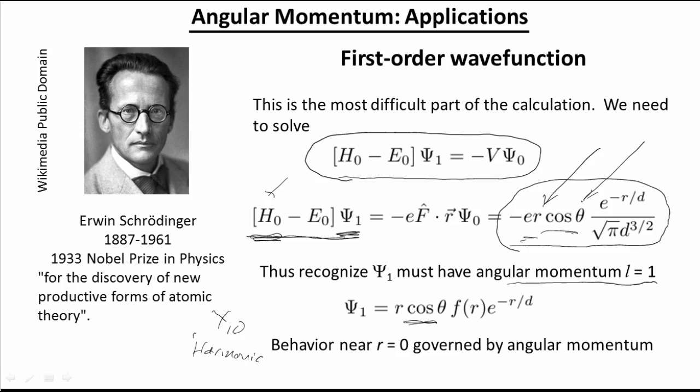embedded in it. And if you go back and look at this Hamiltonian, you'll see there's a del squared function of which the cosine theta is an eigenvalue.